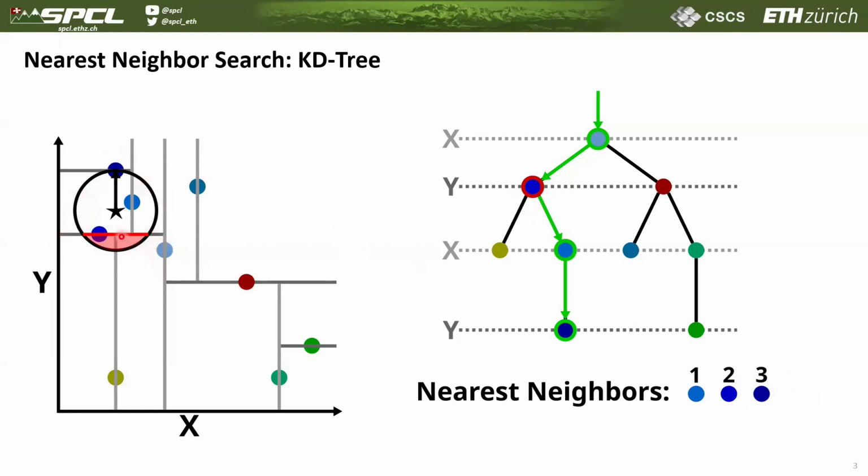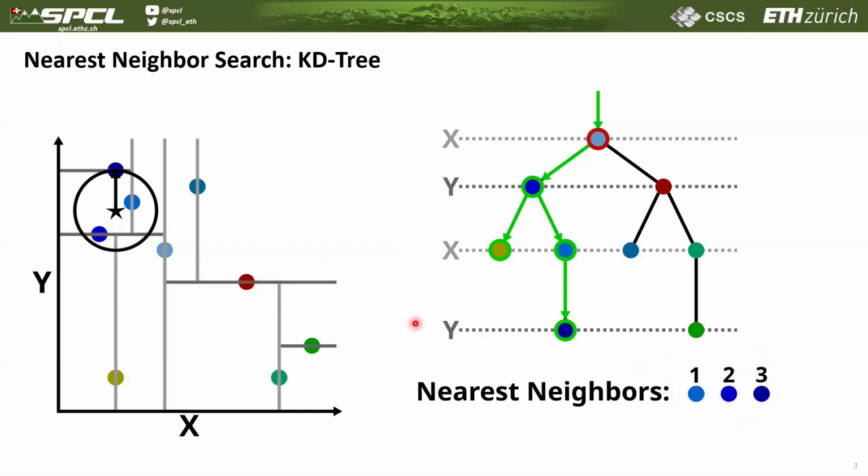This means that in this area that is shaded in red here, there could be additional points that would belong to our actual 3 nearest neighbors, so that could still be added to this list. And since we have this intersection, we now also have to visit this yellow node. However, as we see, this yellow node does not belong to the actual 3 nearest neighbors.